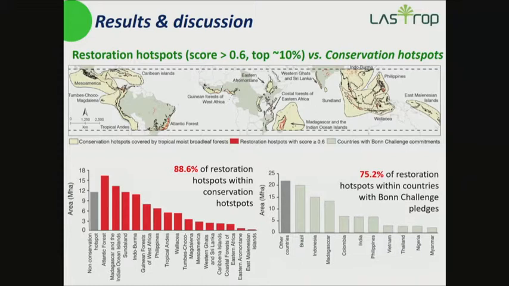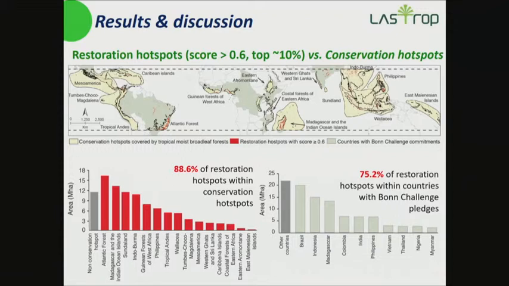At the same time, 3/4 of the restoration hotspots were found in countries with commitments to the Bonn Challenge. So we have also a great opportunity to use this favorable political momentum of having many countries getting interested in restoration and plan restoration in such a way that we may maximize benefits.